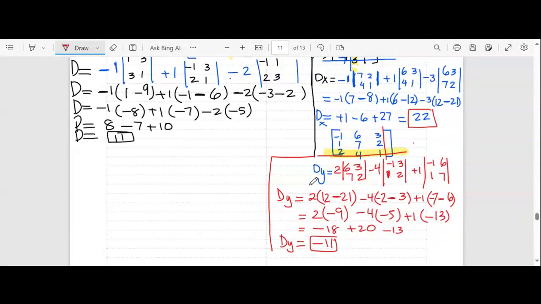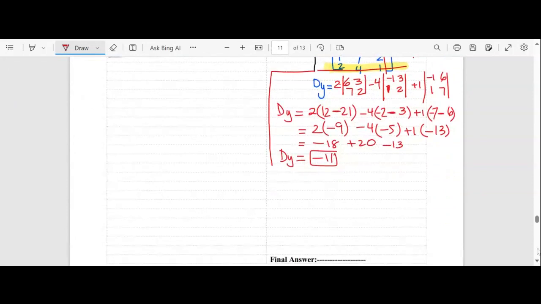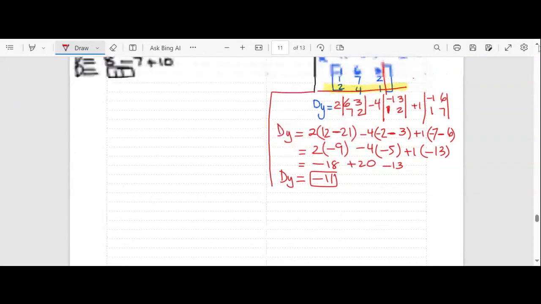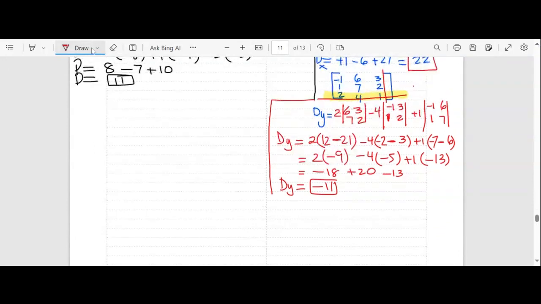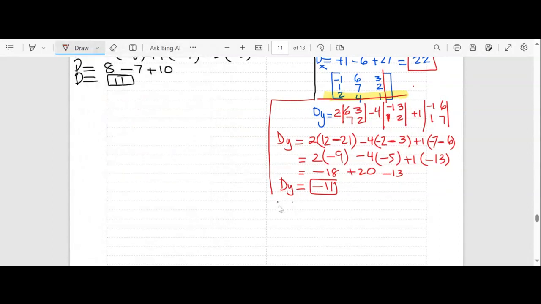So let's do z. So the same thing, you're gonna replace the constant. Let me choose another color. I need the matrix for z first, okay? What is the matrix for z? -1.